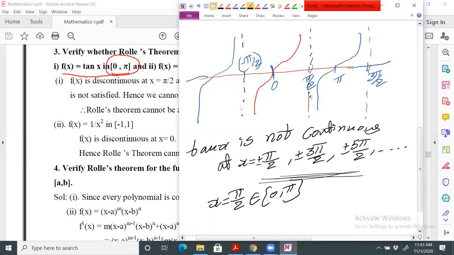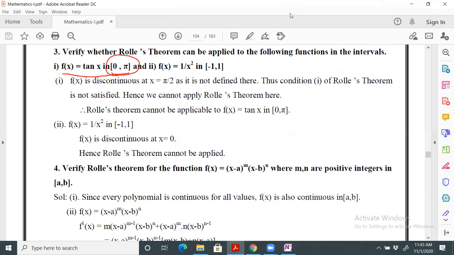But at this point, x equals to pi by 2, it is discontinuous. So with this, we can conclude that f of x equals to tan x is not continuous at x equals to pi by 2, especially in the given interval 0 comma pi.